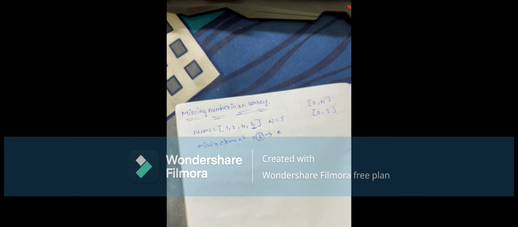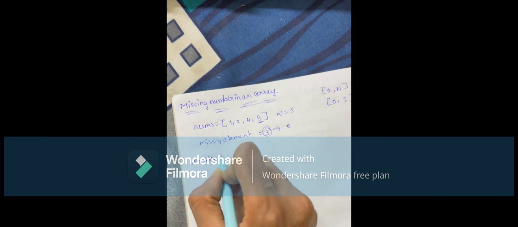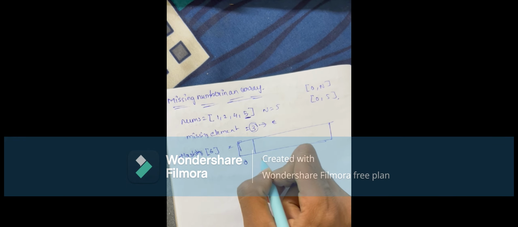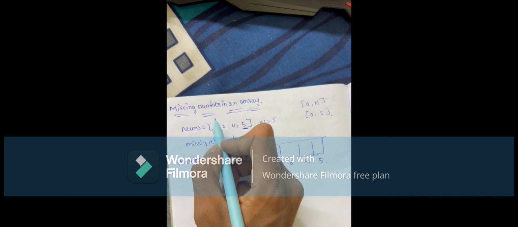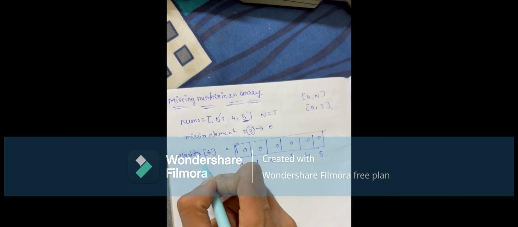So how does hashing work? As you all know, we're going to declare a hash of size 6. Why? Because the highest element is 5 and the hash contains indices 0, 1, 2, 3, 4 and 5. Initially the values in the hash will be 0.